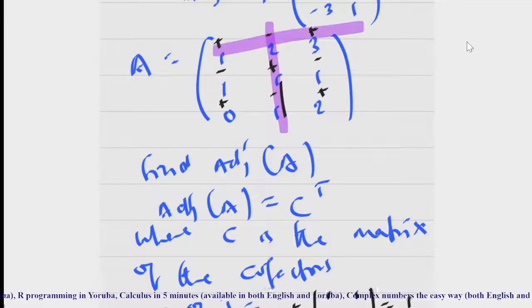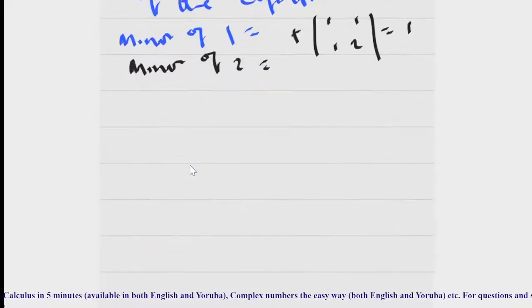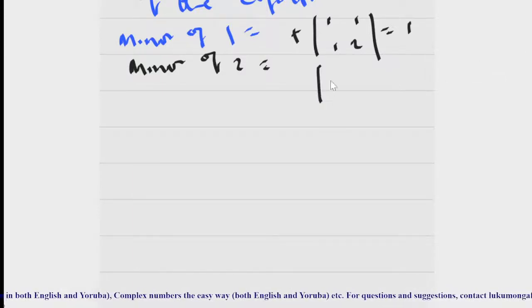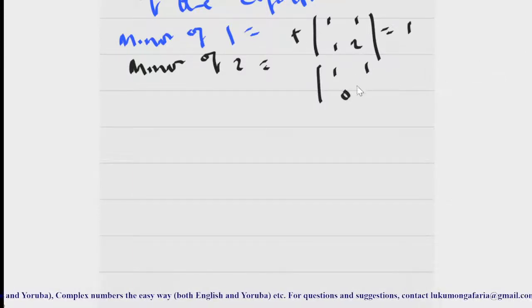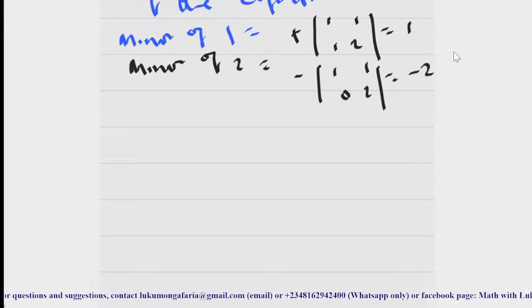So this is 1, 1, 0, 2. And don't forget you have negative as the sign, right? Because it is on top. If you find this one, this will be 2 minus 0, that with this minus you have negative 2.